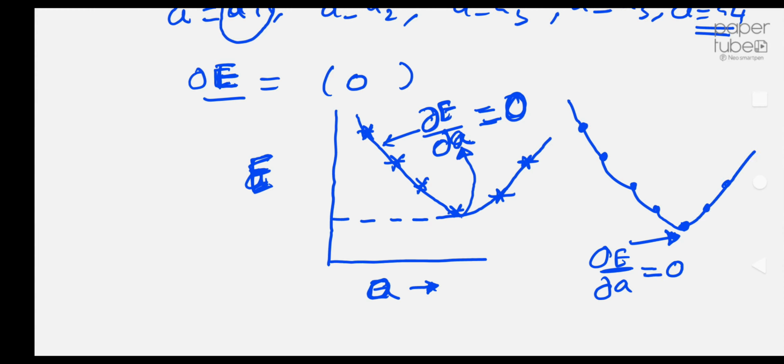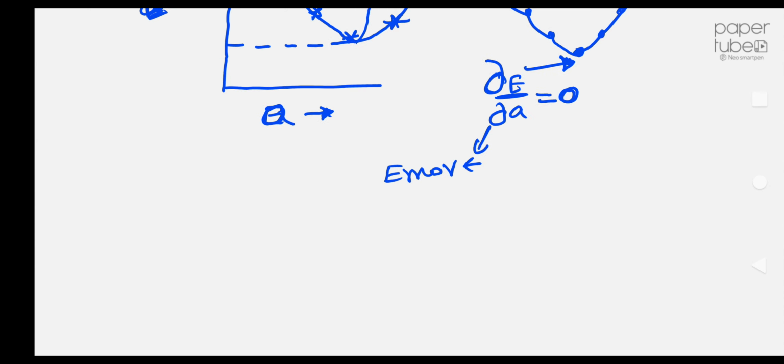So how do you find the a value when your error is minimum? You can find it by taking the partial derivative of the error function with respect to your constant, in this case a, and setting it equal to 0. That's the condition when the error will be minimum.